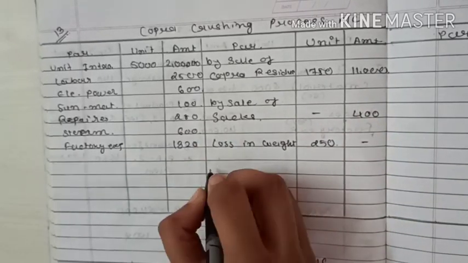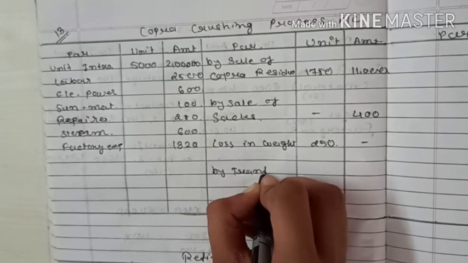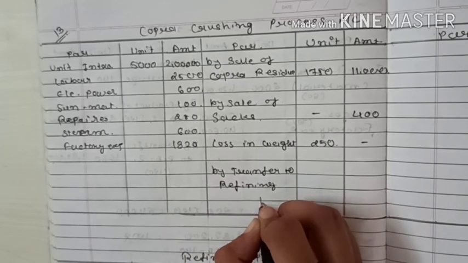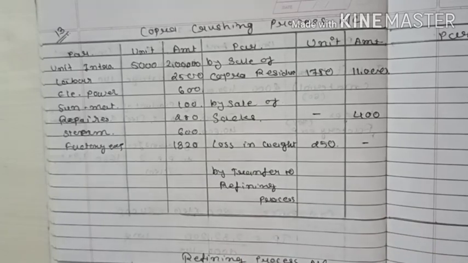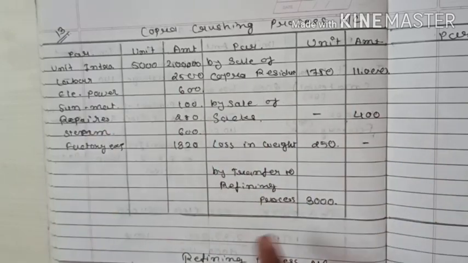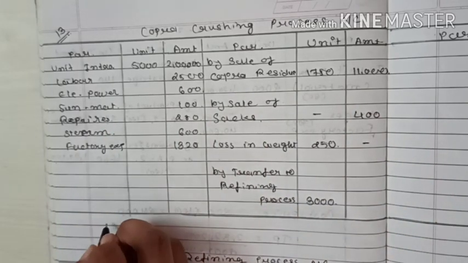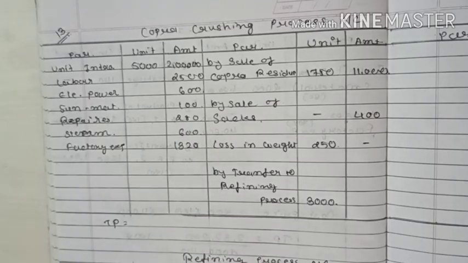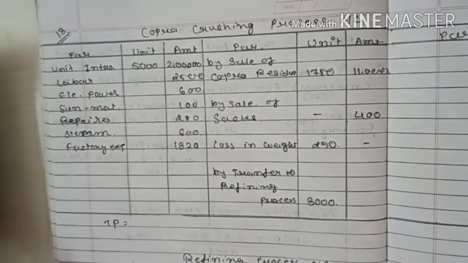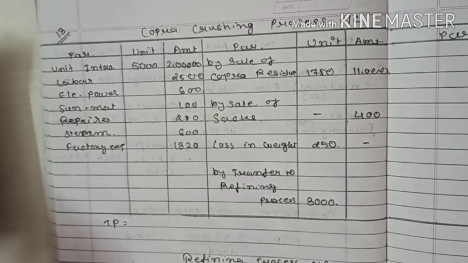Now let's do by transfer to refining process. Units is 3,000. The same way we have to find out our transfer price. Let's total all the expenses: 2 lakh plus 2,500 plus 600 plus 100 plus 280 plus 600 plus 1320.